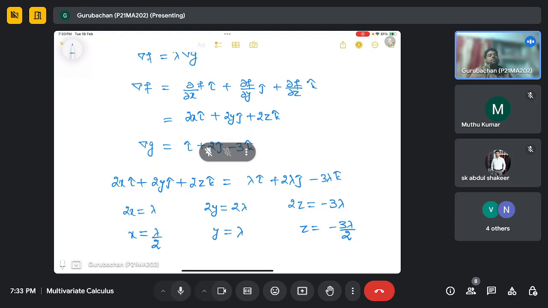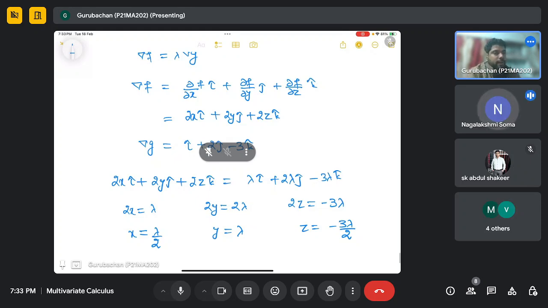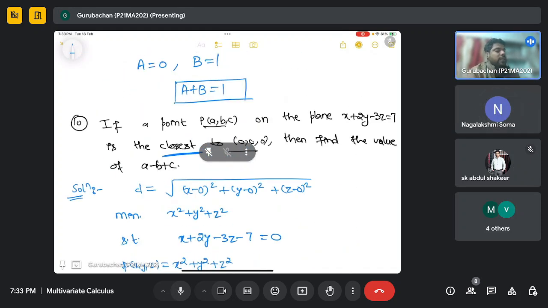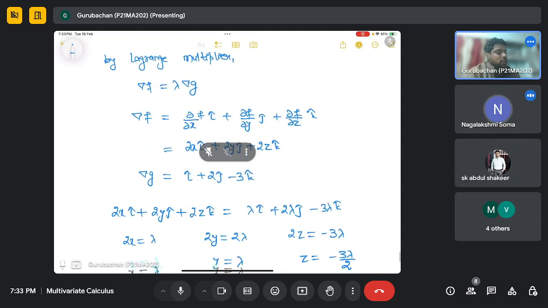Now what would be the next step? Anybody? What would be the next step? Put x, y, z in the given plane equation. Nice. The point lies on the plane, so we can calculate lambda.